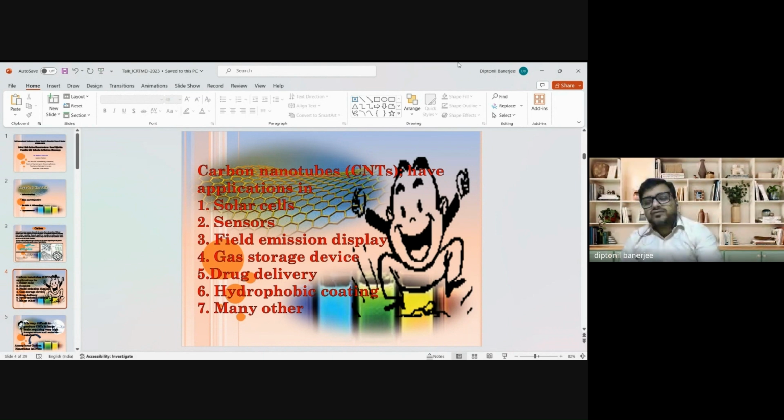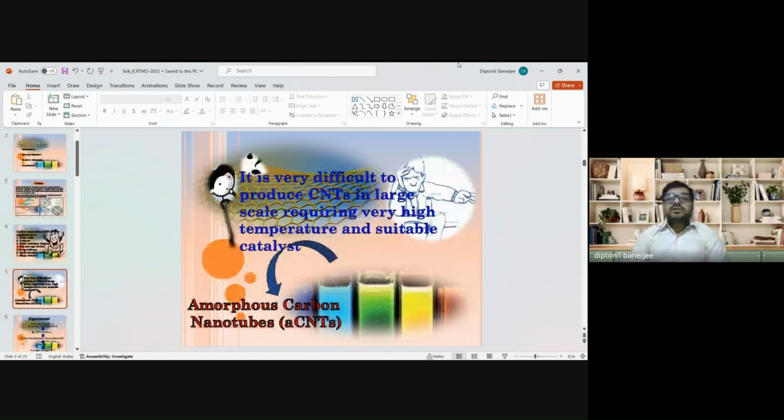But soon that effort came to a pause when it was realized that though the material is very effective, at the same time it is very difficult to synthesize, especially with a very high yield and on a very large scale.